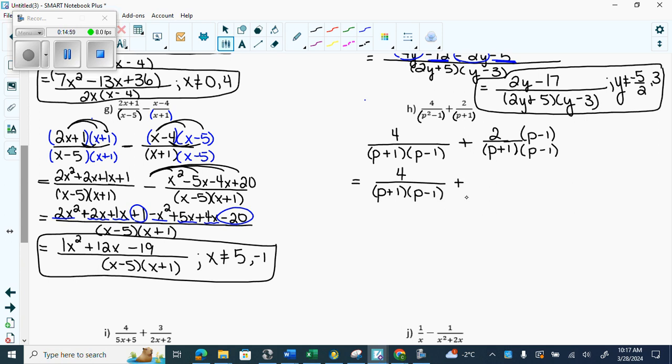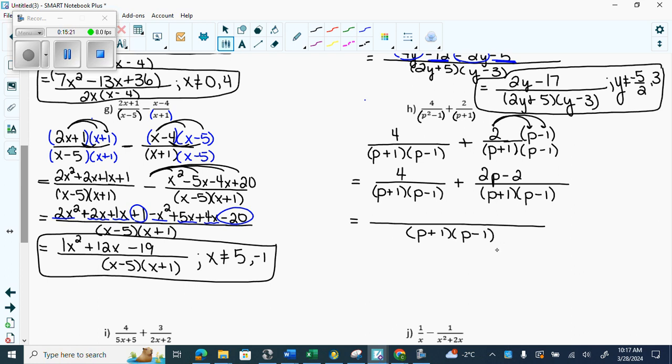Plus distribute my top to bottom, 2p minus 2 over p plus 1, p minus 1. And so I get a common denominator of p plus 1, p minus 1.